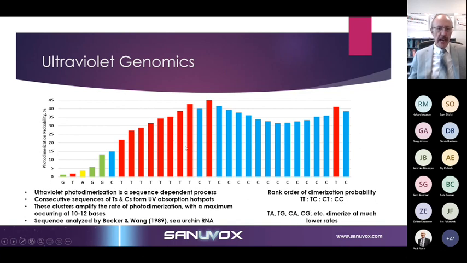This is a set of actual data from Becker and Wang for sea urchin DNA that they irradiated. We can see that the thymines have the most reaction and go to a maximum after about 10 bases. The cytosines also have a maximum when they are not affected by the surroundings. We can see that this cluster of pyrimidines is self-amplifying itself to form what we call a hotspot.